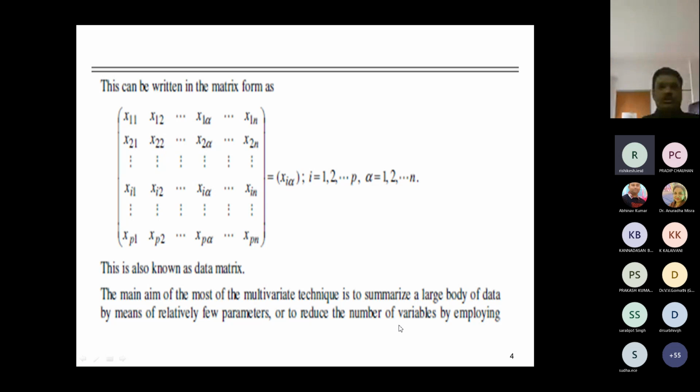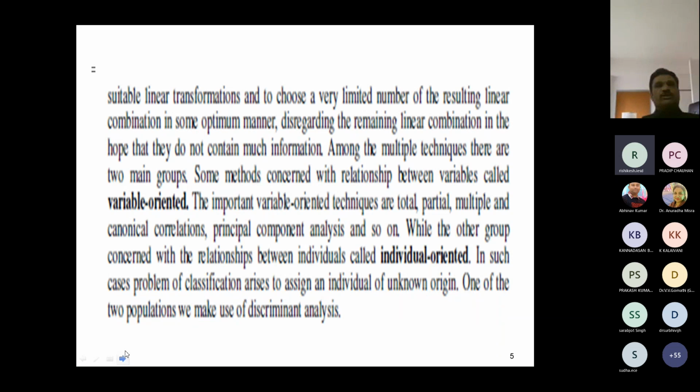Or we reduce the number of variables by employing some multivariate techniques, using suitable linear transformations and choosing a very limited number of the resulting linear combinations in some optimum manner, disregarding the remaining linear combinations in the hope that they do not contain much information.